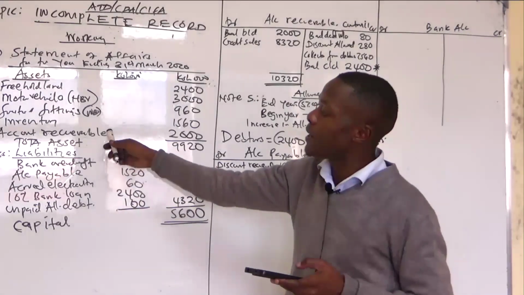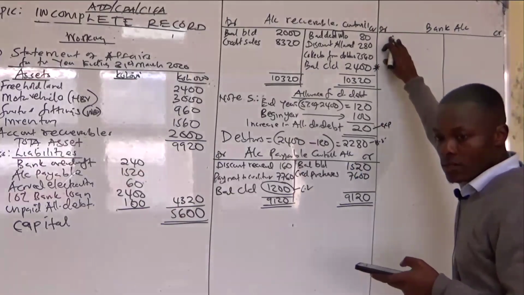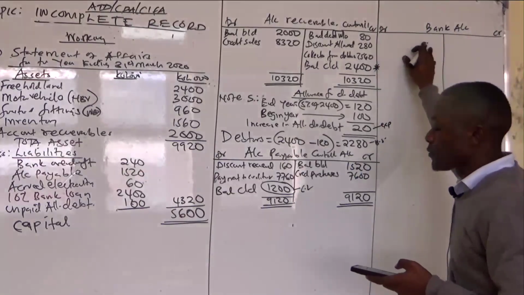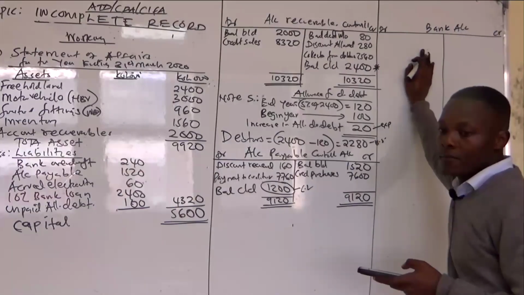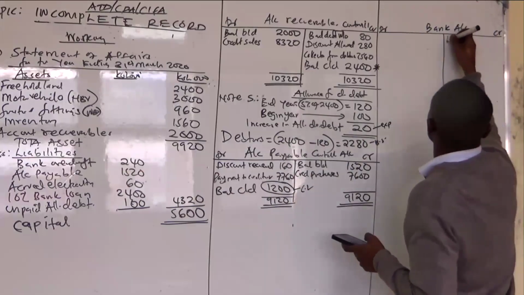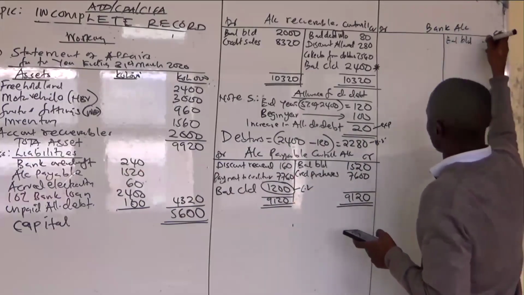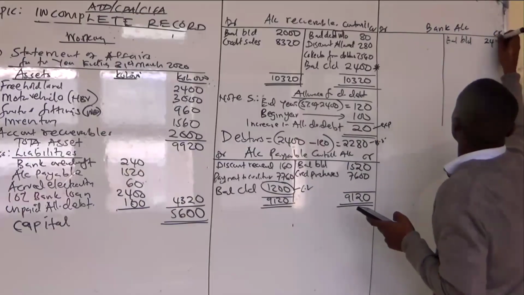We don't have the bank balance. Ingekuwa bank balance inaanza on the debit side. Na kama ni overdraft, which side do we put it? On the credit side. So, balance brought down ni how much? 240.